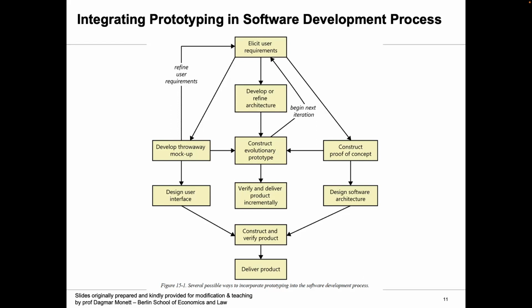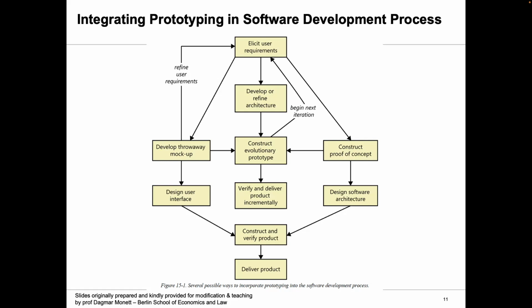All right. Now this figure is showing how prototyping can be incorporated in your software development lifecycle. Obviously the first step is you elicit your user requirements. Then you take 3 different paths. You can develop a throwaway mockup, which means you're just developing the functional side of it and you're going to throw it away and not build on top of it.